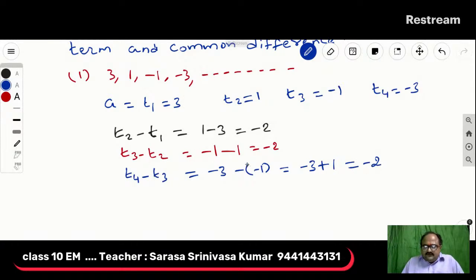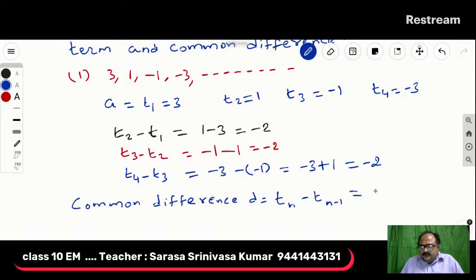So in all the cases, we can generalize this: common difference d equal to tn minus tn minus 1. This is equal to minus 2.